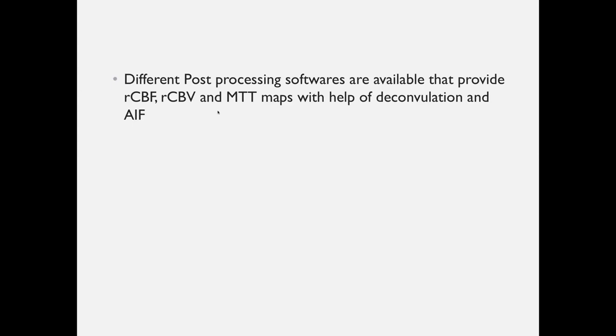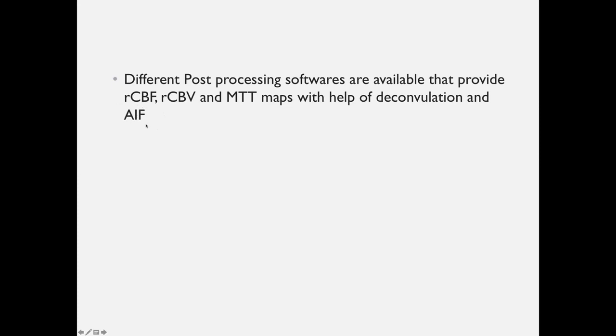So we put our raw data on those software packages and they give us RCBV, RCBF. Please make a note that R is relative here, because I have already mentioned absolute values we don't get, as so many variabilities are there. So we get RCBF, RCBV and MTT maps, and we put in an AIF. This is again a computerized thing, but AIF is so important.